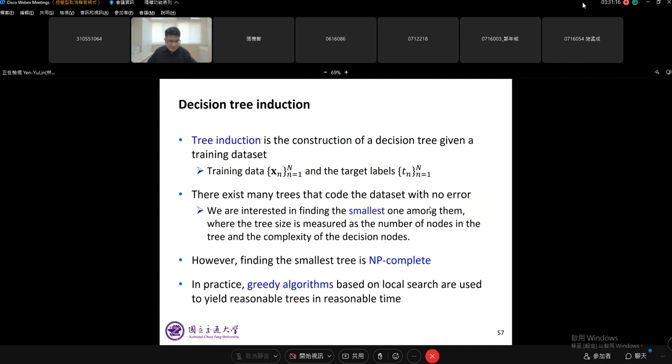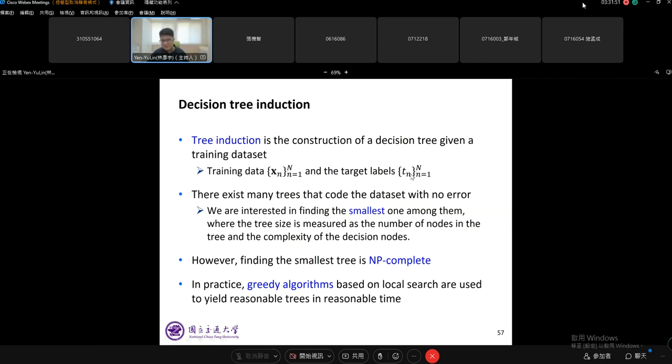After talking about the mechanism of a decision tree, our focus will be how to construct a decision tree given a set of training data. Because a decision tree is often used for supervised learning, the training data have a feature vector and the ground truth label.